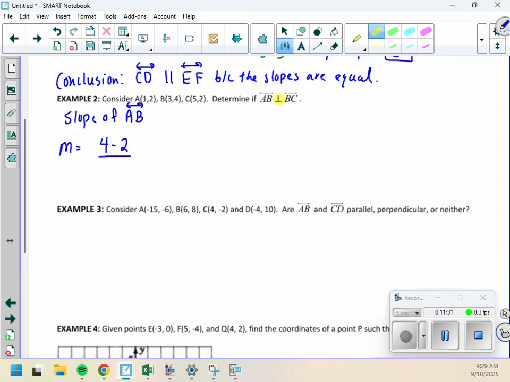Now we have to calculate the slope of BC. You have to use points B and C now. So M is going to equal, for B and C, I'm going to underline those 2 points I'm going to use. We'll do 2 minus 4 over 5 minus 3. 2 minus 4 is negative 2. 5 minus 3 is 2, and that gives me negative 1. What do you notice about these two slopes? They are opposite signs, but they are also reciprocals.